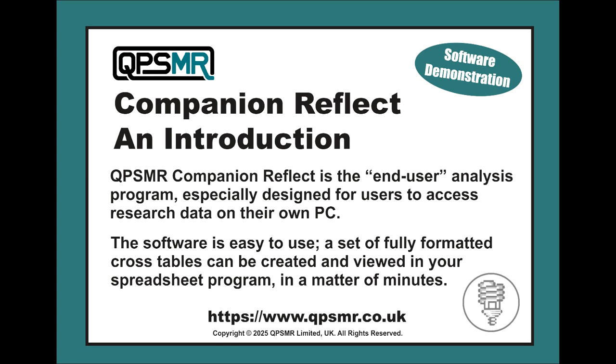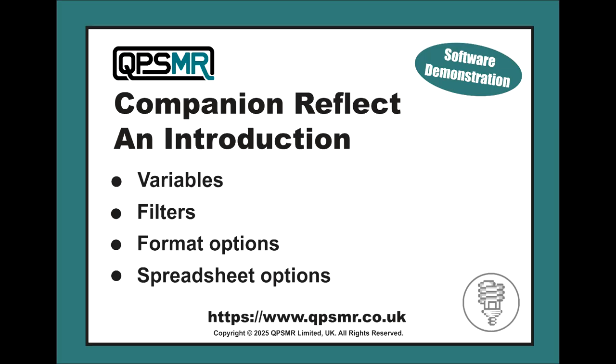A set of fully formatted cross tables can be created and viewed in your favourite spreadsheet program in a matter of minutes. As well as analysing the questions and responses as they were shown in your project, you can also create and use variables.